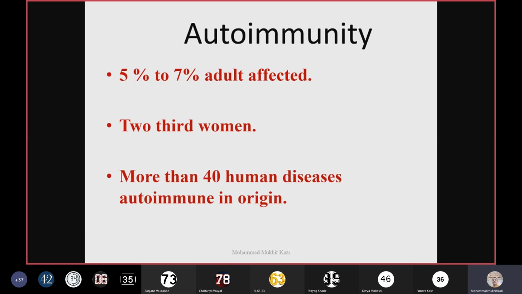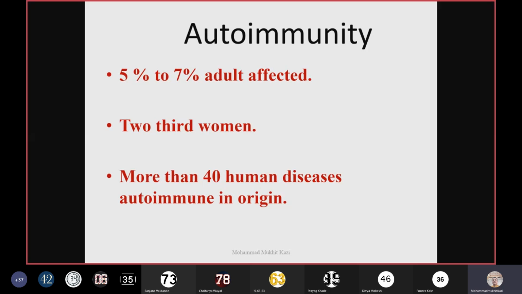If you look at the population affected, 5 to 7% of adults are affected, and the majority are women. Two thirds of these cases are found in women, and more than 40 human diseases have so far been characterized as having an autoimmune origin. Autoallergy is also referred to as autoimmunity, but the term autoimmunity has been used unanimously for ease of use.